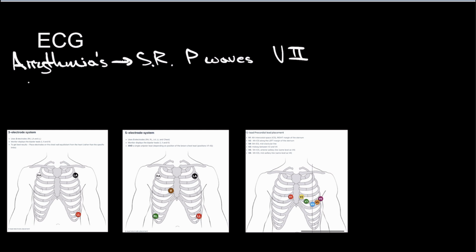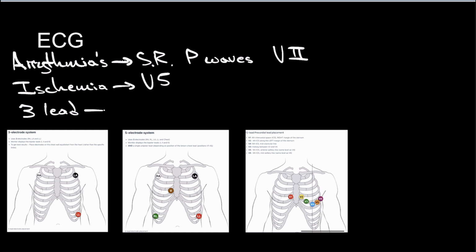If you're ever concerned for ischemia, then your best bet to detect this is going to be V5. And say if you have a 3-lead ECG arranged, but you're concerned for ischemia, then you could take the left arm, move it to the V5 position, and observe V1.